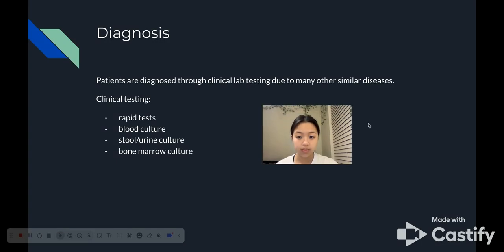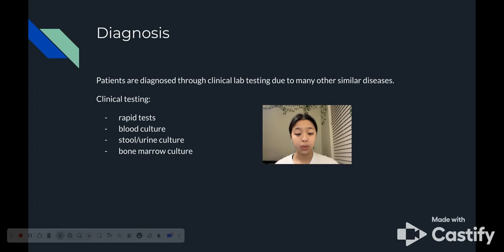So, some tests we are able to run are rapid tests, which are fairly inaccurate, but are available to everybody. We have our blood cultures, which are pretty immediate and accurate, especially within the first week of contracting typhoid. We also have stool cultures that are used whenever the blood culture is negative, and this is better in the long term.